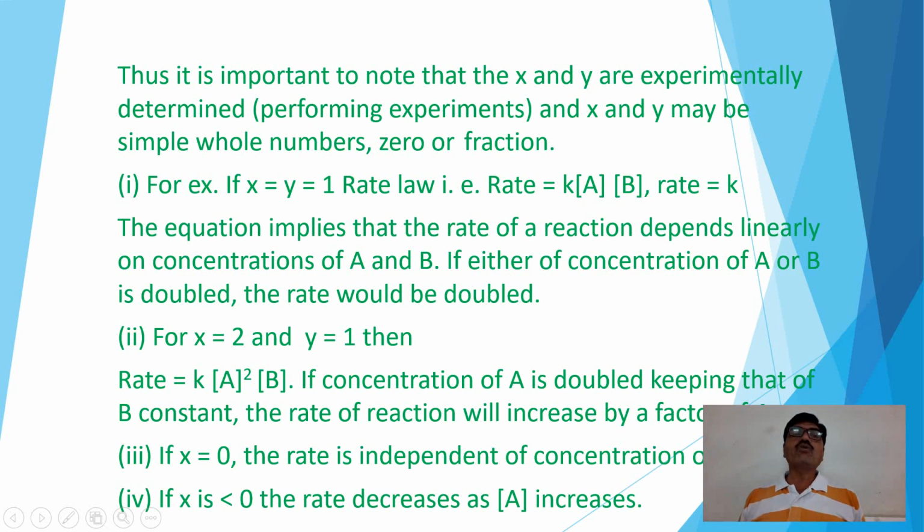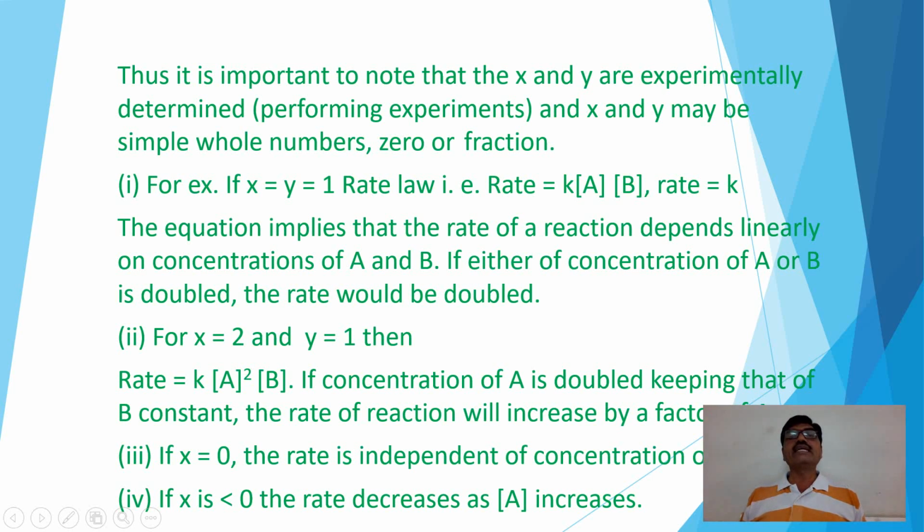Thus, it is important to note that x and y are experimentally determined. So this is very important. The values of x and y, these exponents, are obtained by performing experiments, by studying that specific reaction.